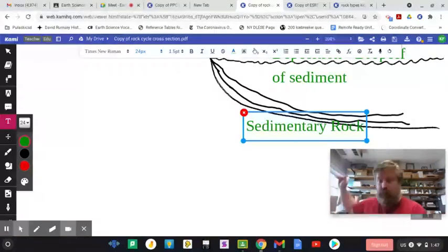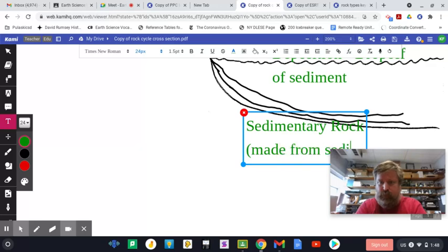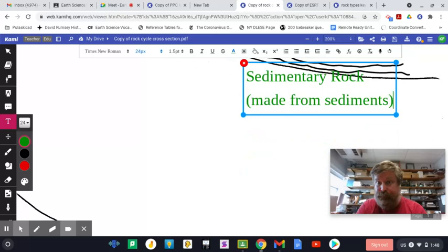And we can find other outcrops that are above it and others that are below it and put together a pretty good history of what's going on here on this planet. Long and short of it, made from sediments, which is like the no-duh statement of the year, right?